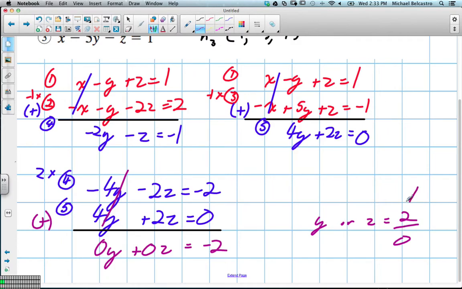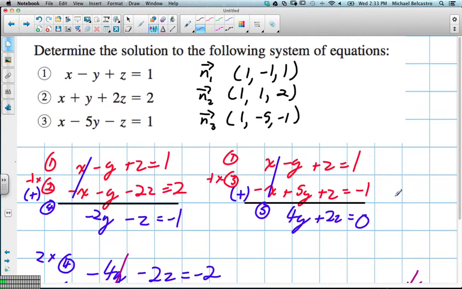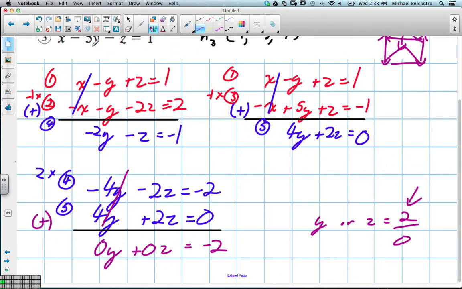We have an inconsistent system, and because none of the normals are parallel, we must be dealing with case 1, where we have 3 lines that represent the intersection of all 3 planes. So that's how we recognize case 1. And really that's the most work there is to any of these, is recognizing case 1. We'll jump to another one.